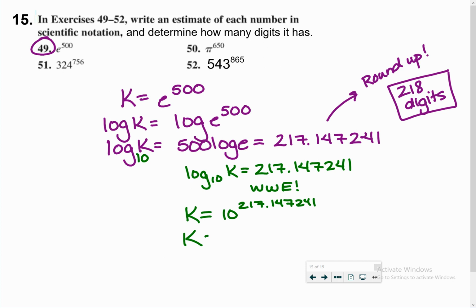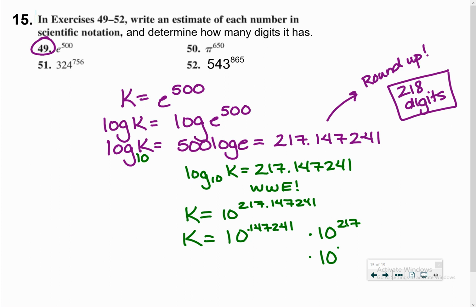Then we want to split it into 2 powers of 10 to get our scientific notation. One power of 10 is the whole number, 217. And the other power of 10 is that decimal, 0.147241. The times 10 to the 217 is my answer.